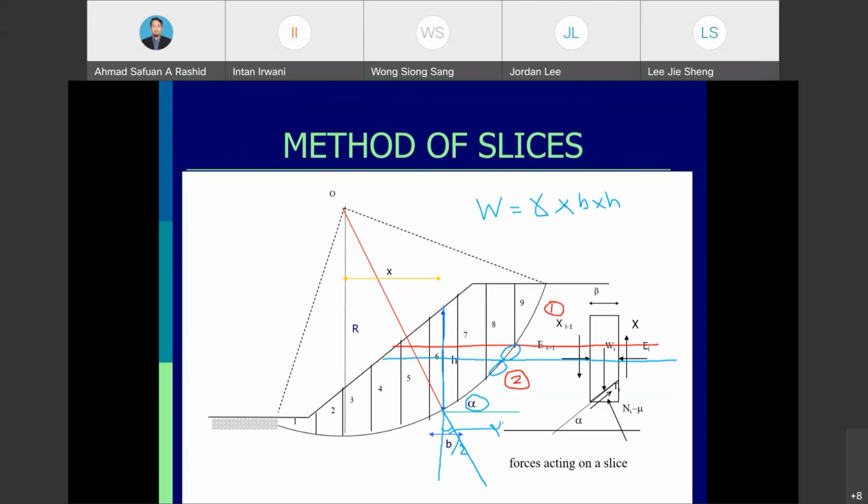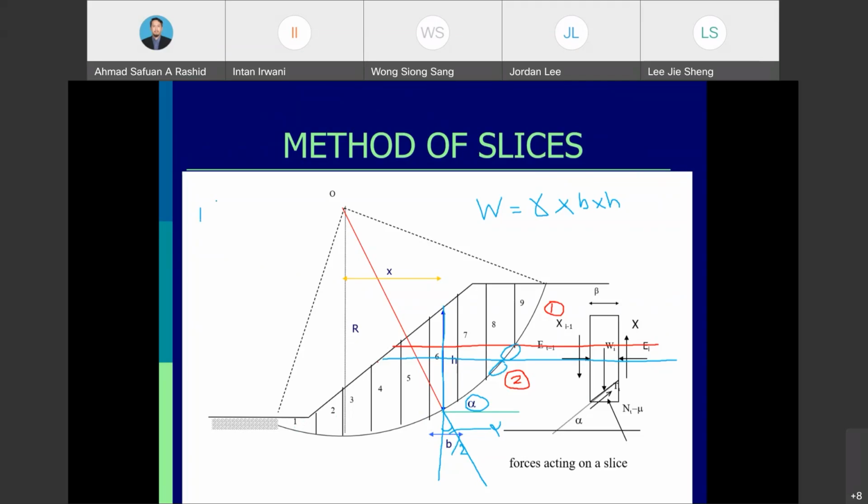This alpha will be used in the equation to obtain the length of the base, which is under the resisting moment. It is the same concept as the total stress, where we use the moment concept. But we need to calculate for each slice. For example, slice number 1, you get the value, slice number 2, until slice number 6.